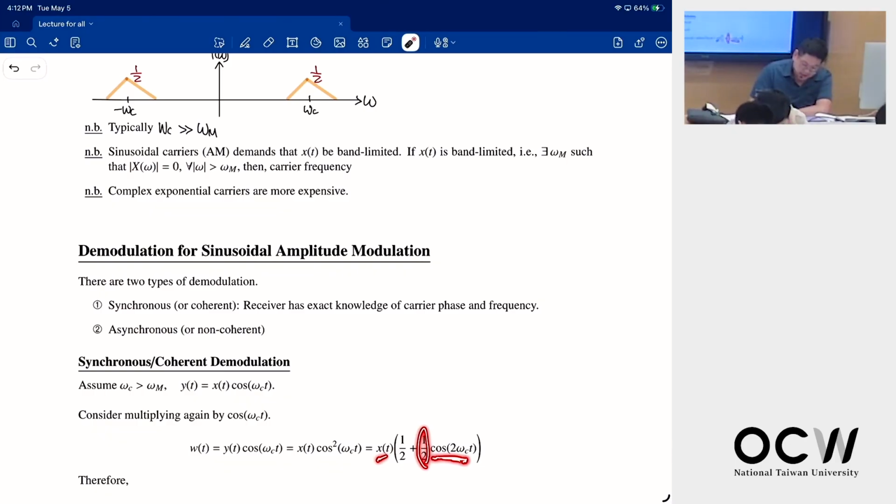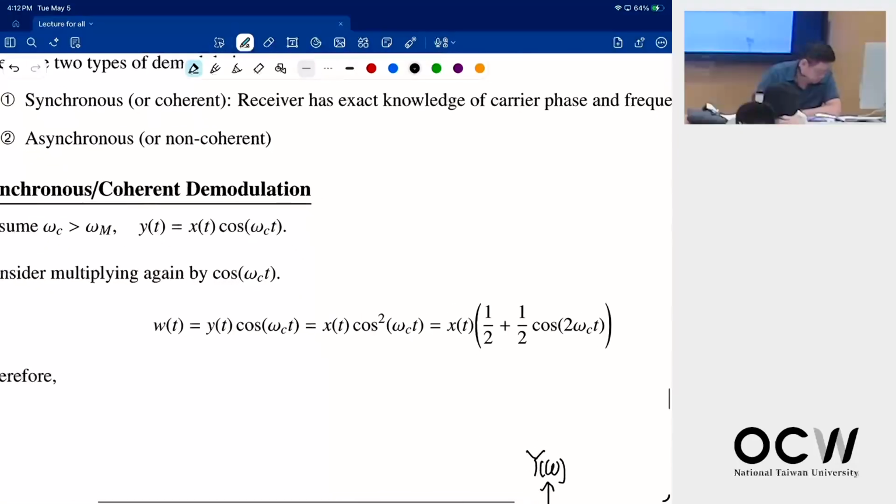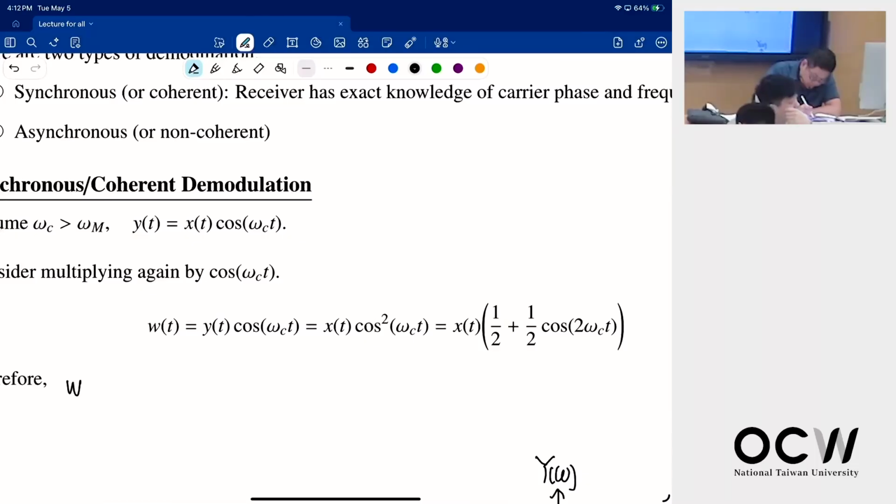This is like a modulated signal. So w is 1/2 x plus 1/2 x times cosine 2 omega c t.